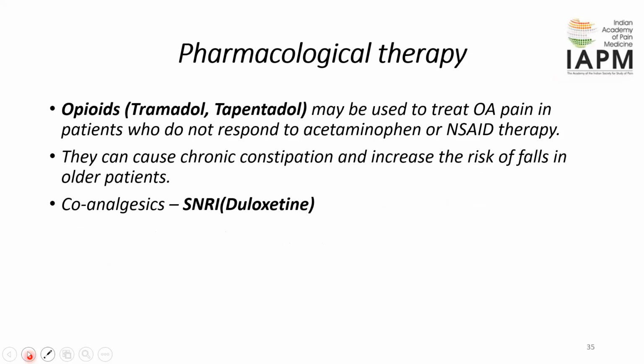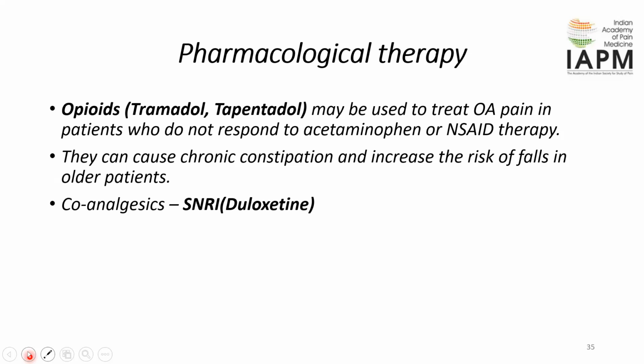Next come opioid and opioid-like medicines like tramadol and tapentadol. For those who have not responded to paracetamol and NSAIDs, we can recommend these, but we have to be judicious in their use because they are also not free of complications.